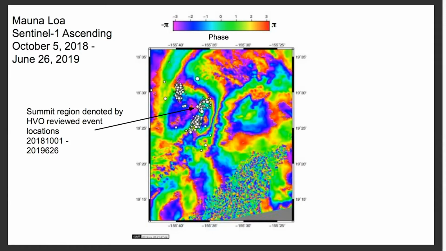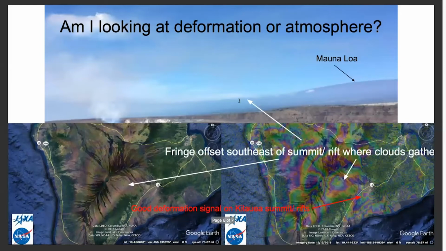This decorrelation down here is an area where there's coffee plantations and just kind of forest. Otherwise, this stuff is all basically above the tree line, but it does get a lot of clouds. So in this picture here, you can see a cloud bank on the middle slopes of Mauna Loa. There's the summit, and this bank comes in basically every day.